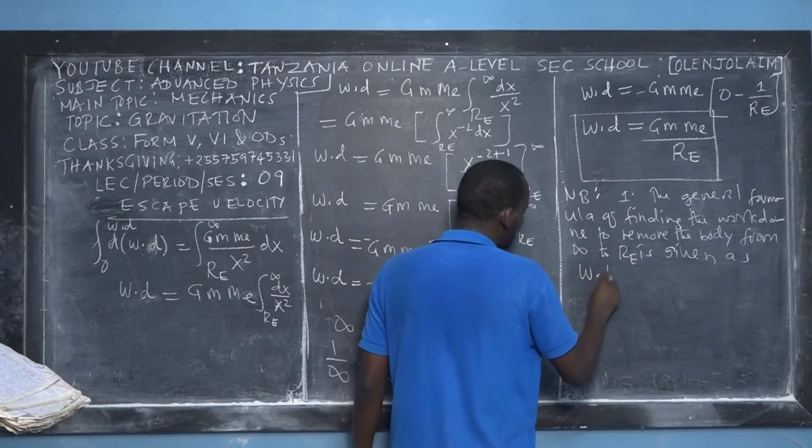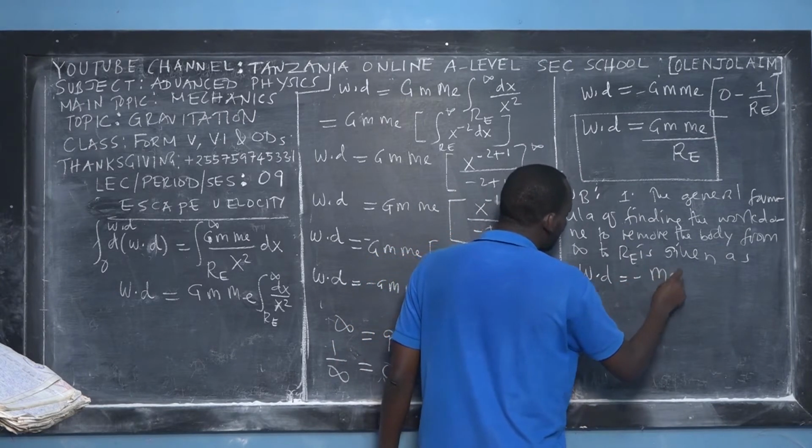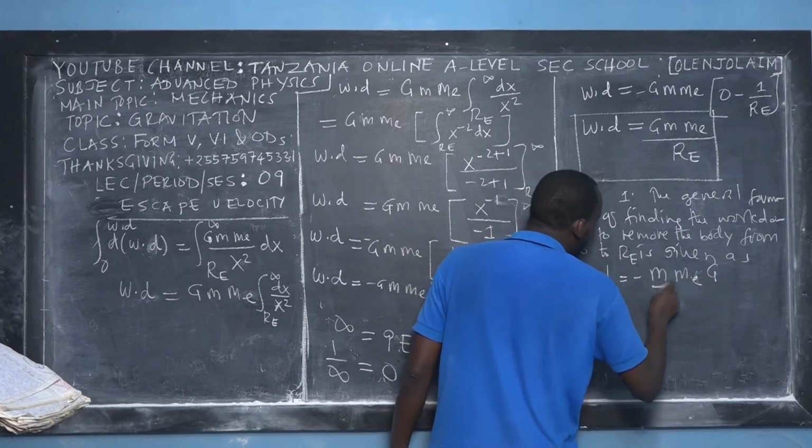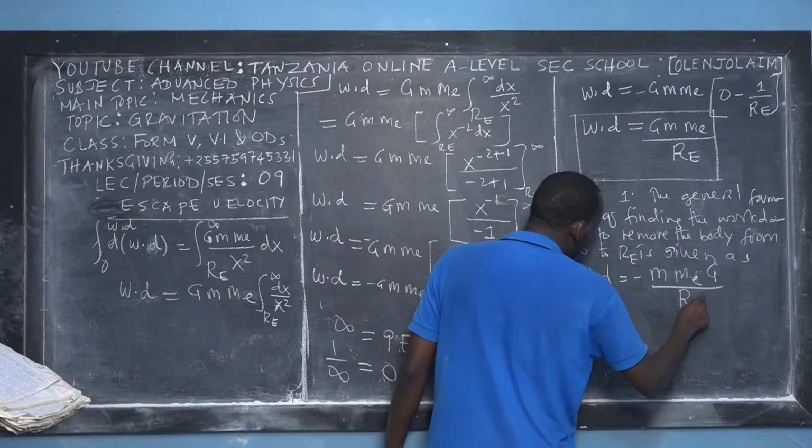So the work done for that case is negative mass of the body, mass of the S, times universal gravitational constant over radius RE.